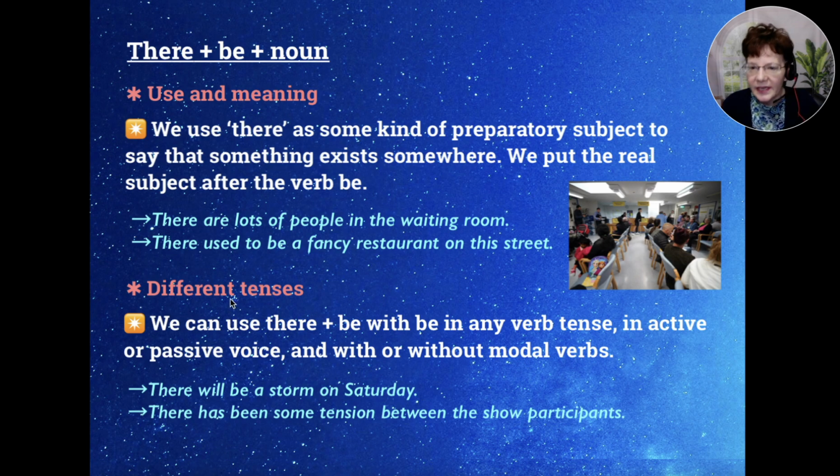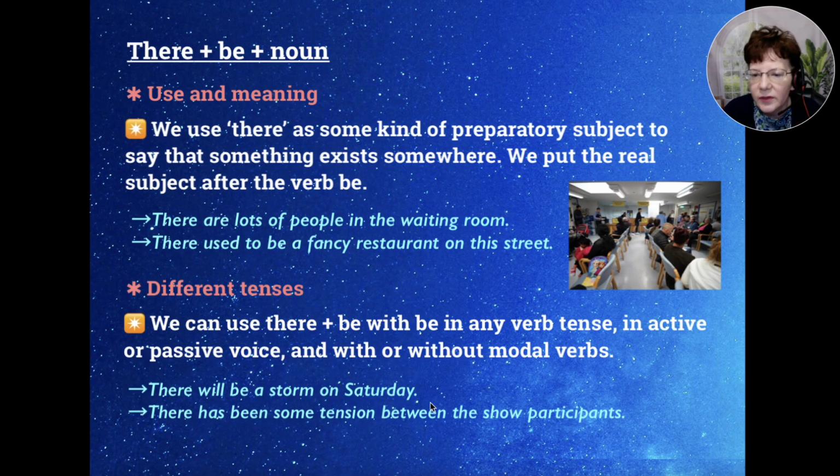Different tenses. We can use there plus be with be in any verb tense in active or passive voice, or with or without modal verbs. So, for example, there will be a storm on Saturday, or there has been some tension between the show participants.